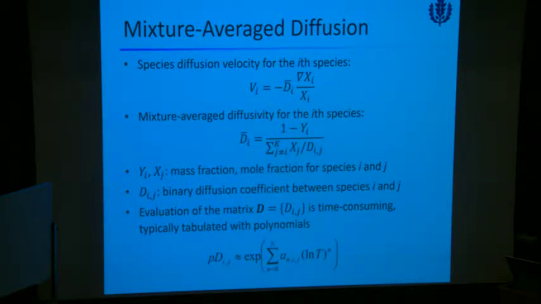Every time you compute one binary diffusion coefficient, you need to do a polynomial evaluation and also an exponential function evaluation. That's why each entry evaluation is just like a rate evaluation with an Arrhenius term, because exponential functions take most of the time in the computational process.